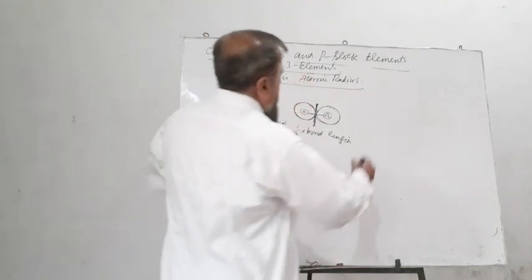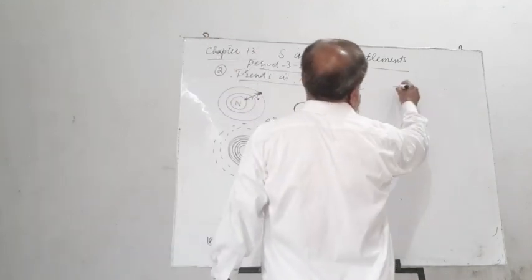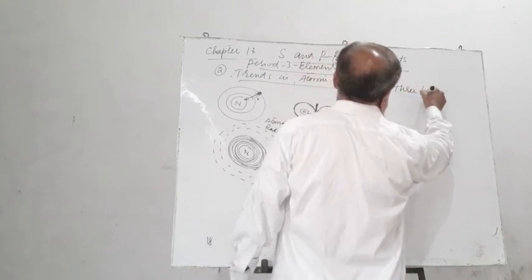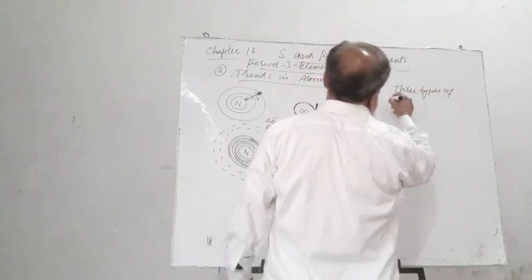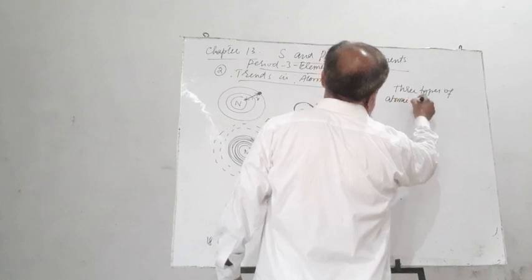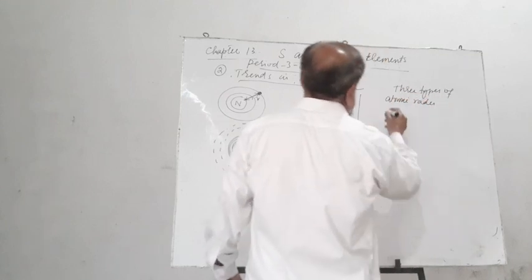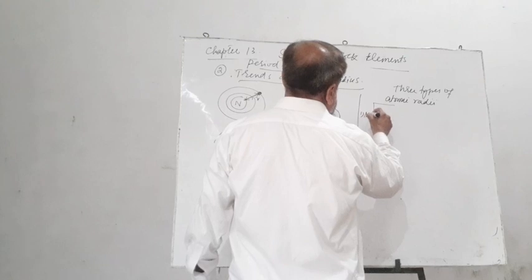Now, in period 3, three types of atomic radii are present. The first type is known as metallic radius.